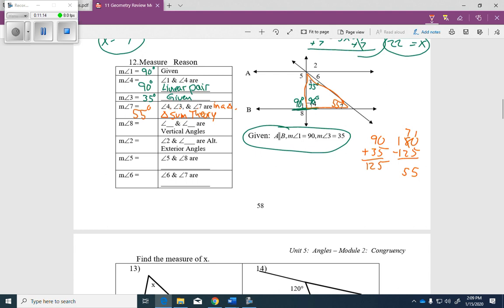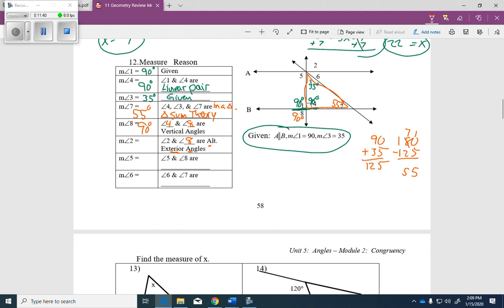The measure of angle 8. I notice that 4 and 8 are vertical. Vertical angles are congruent. The measure of angle 2, and they want me to look for alternate exterior angles. 2 and 8 are alternate exterior.